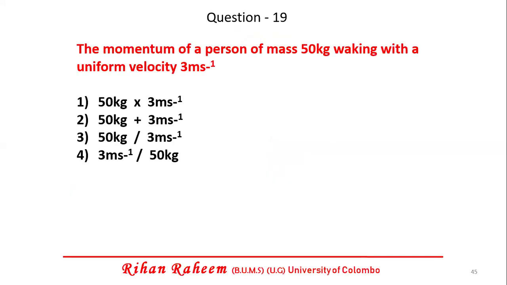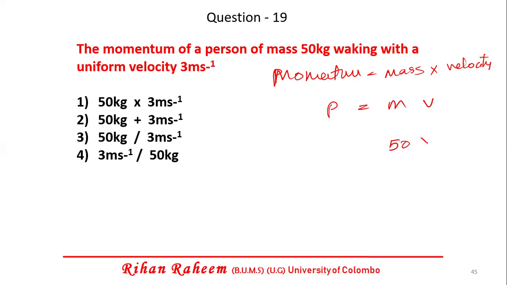Question number 19. The momentum of a person of mass 50 kg walking with a uniform velocity 3 ms^-1. Very simple. What is the momentum equation? Momentum equals mass into velocity. The simple equation is P equals mv, m into v. Mass of the person is 50 kilograms. Velocity is 3 ms^-1.